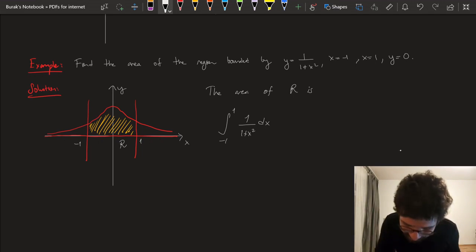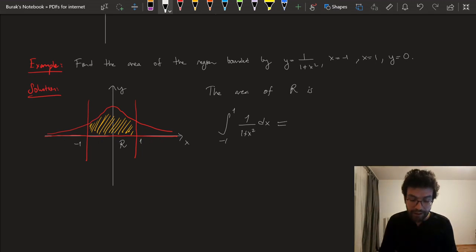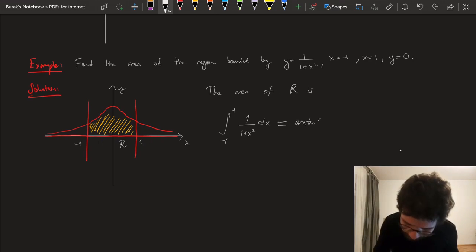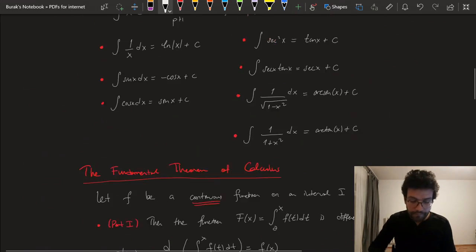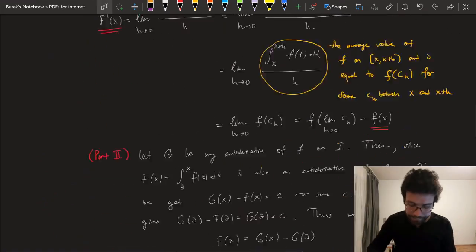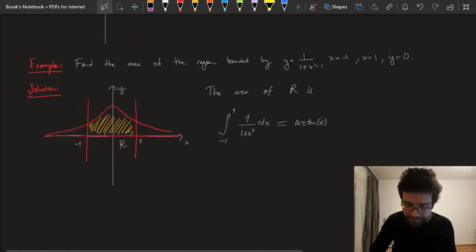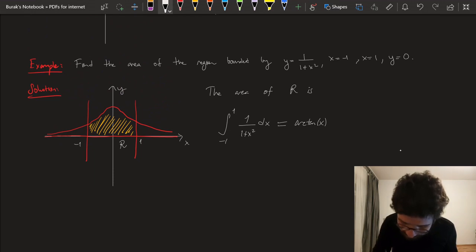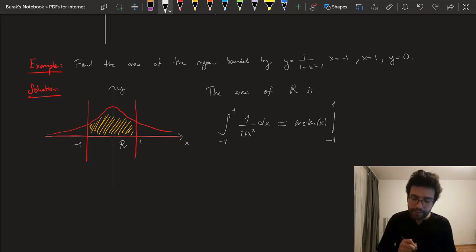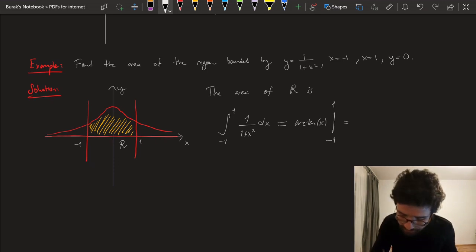Or you can use the fundamental theorem of calculus and say the following: any antiderivative of this function is arctangent of x, as we have seen at the beginning. Which means that by fundamental theorem of calculus part 2, in order to compute this integral, I should just take this antiderivative and evaluate it from -1 to 1, meaning that I evaluate at 1 first, and then at -1.